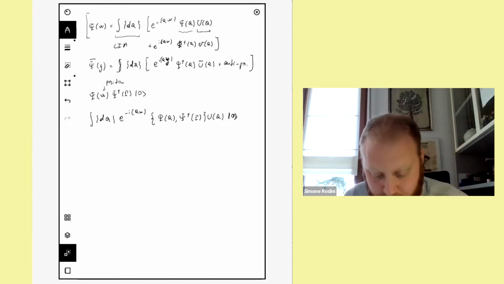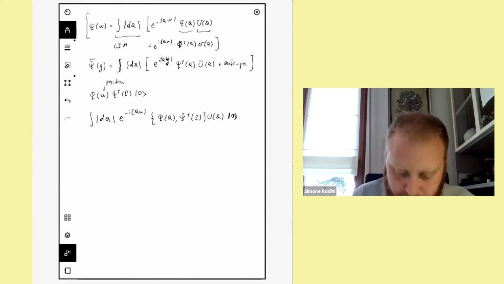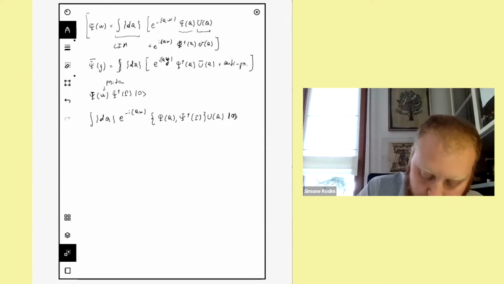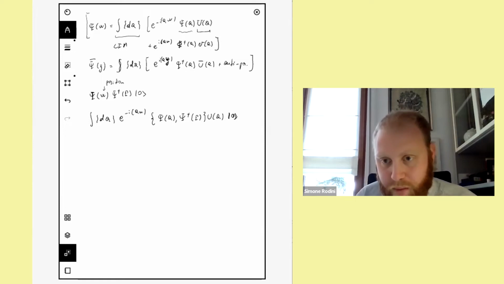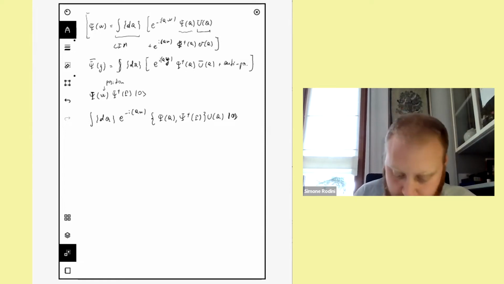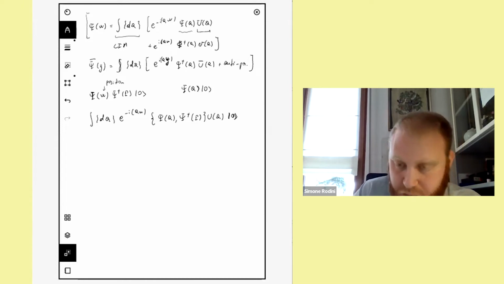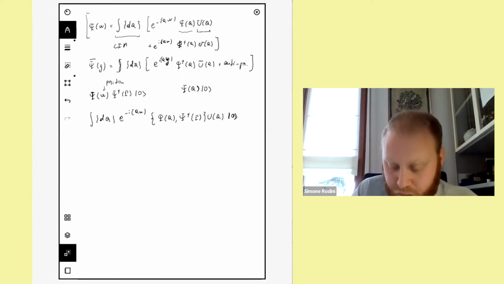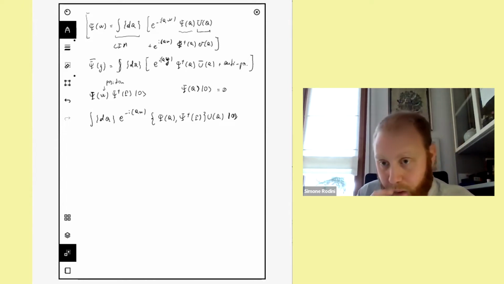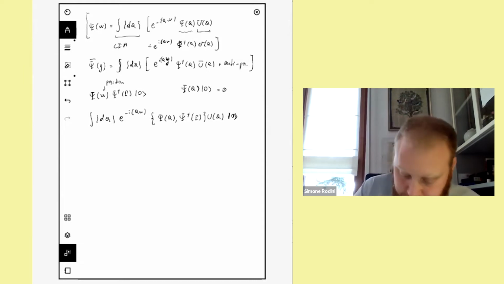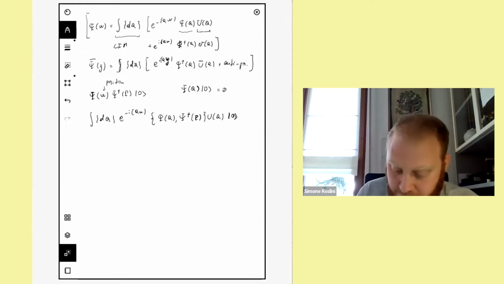Why do you get just this? Because if you plug in the antiproton, you are computing something else. The antiproton stuff is not relevant for us. Once you compute something that looks like C of Q on the vacuum, this tries to annihilate a proton on the vacuum, so this gives exactly 0. So you just end up with something that looks like this.